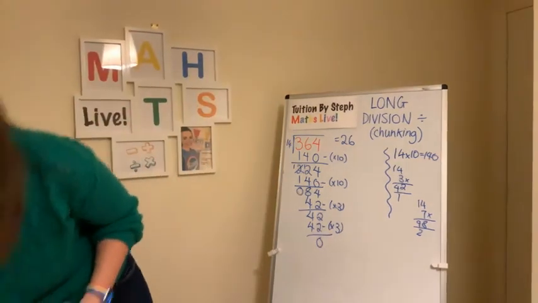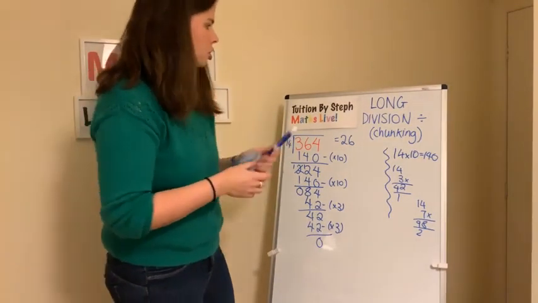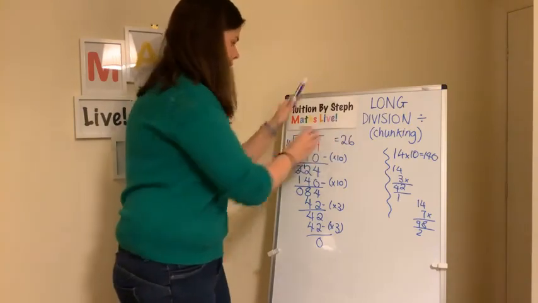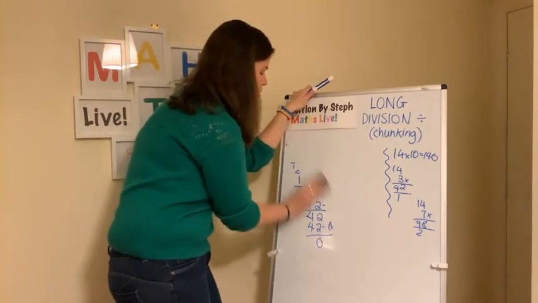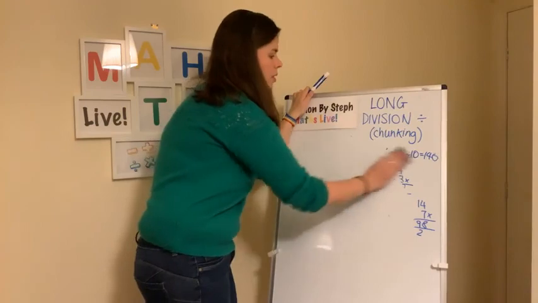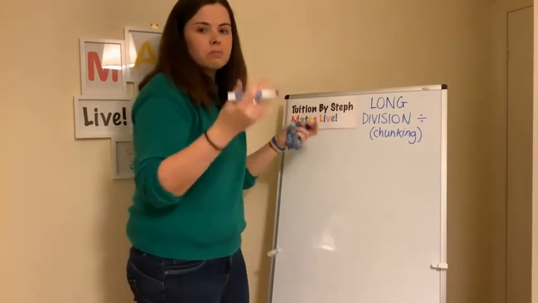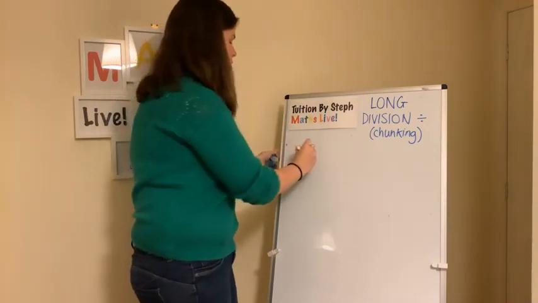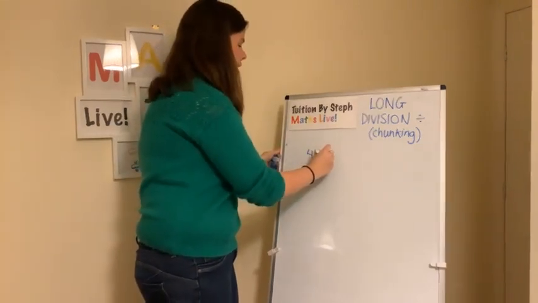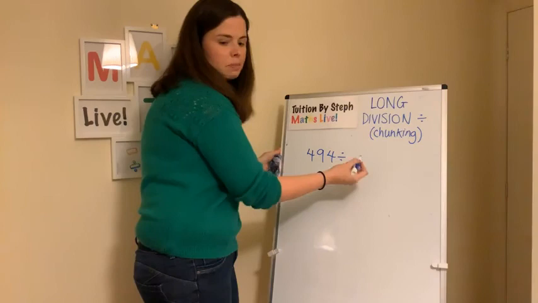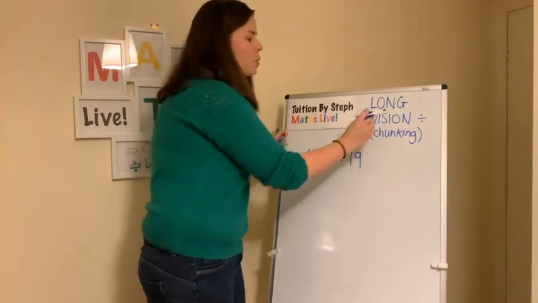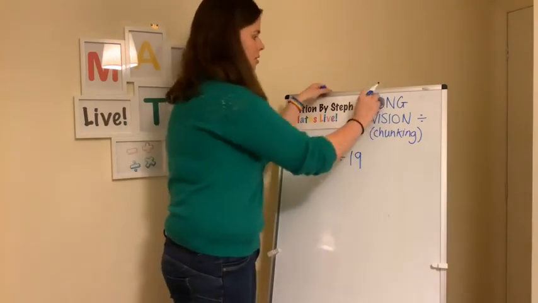Okay, tomorrow we're going to do another lot of multi-digit numbers. It could be something like 494 divided by 19. But we're not going to use this method.